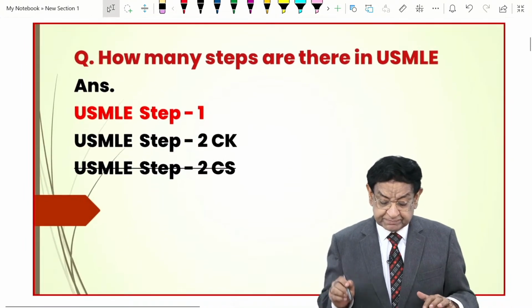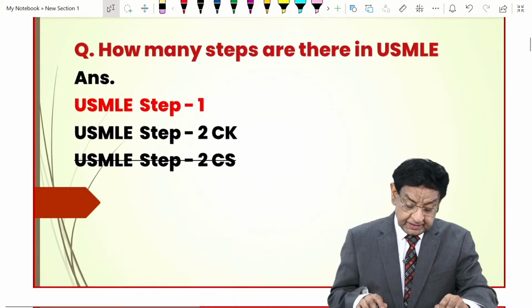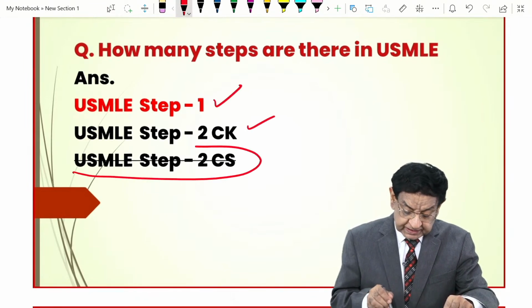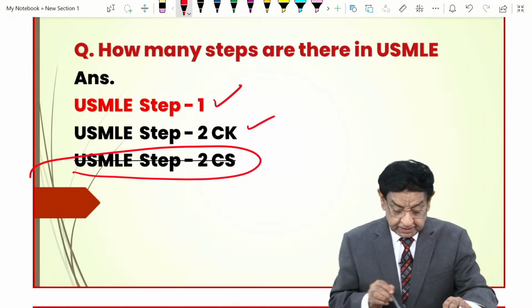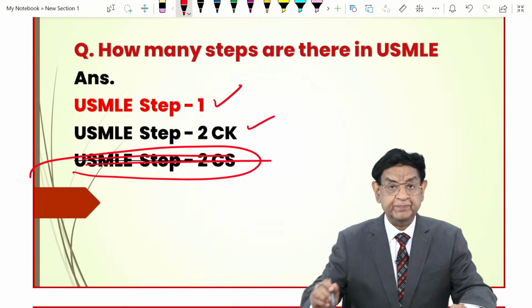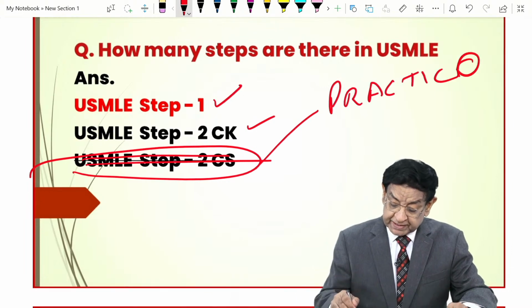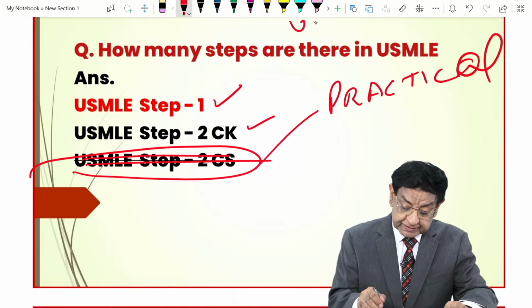Now, how many steps are there in USMLE? There is Step 1, Step 2 CK, and there was Step 2 CS also, but now they have removed it. It was a practical exam, for which you needed to go to USA.